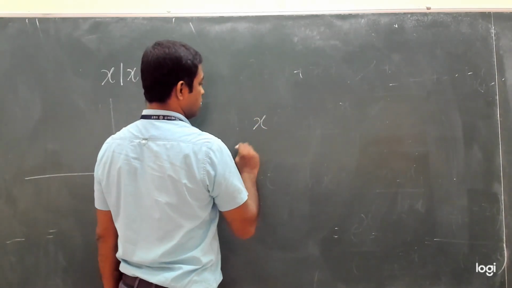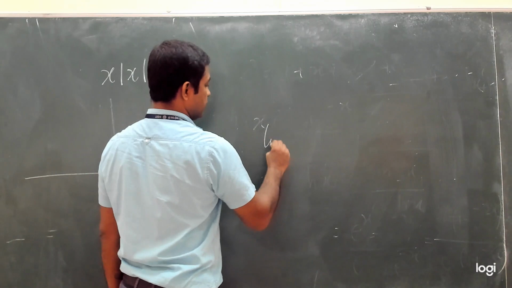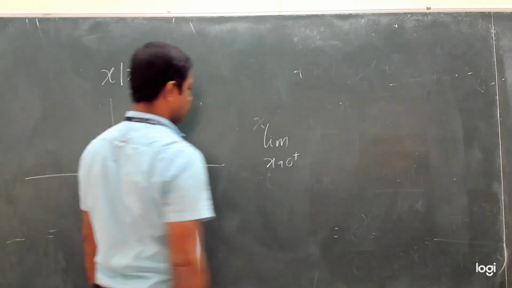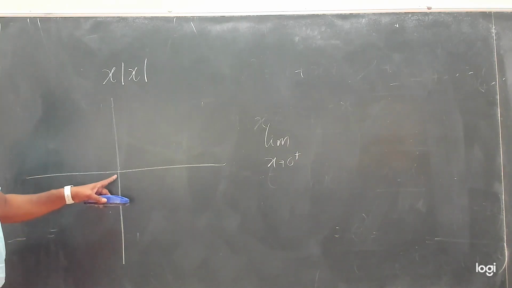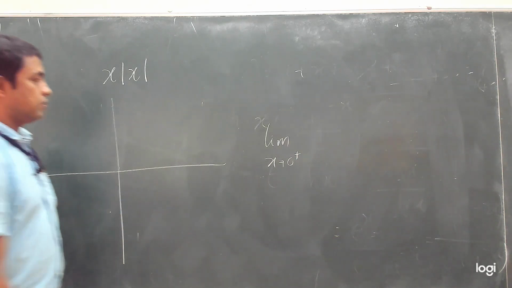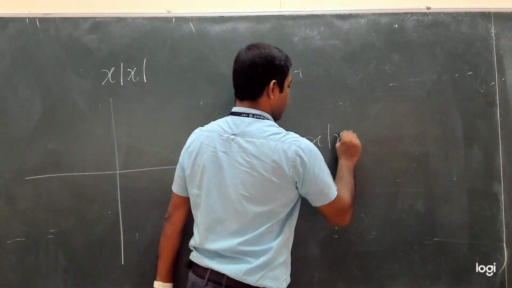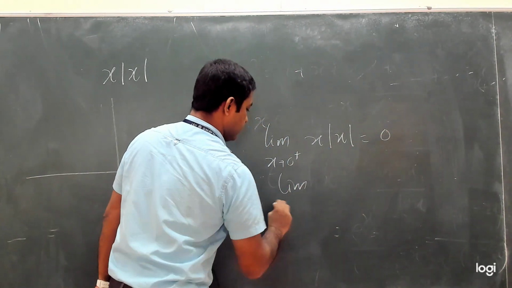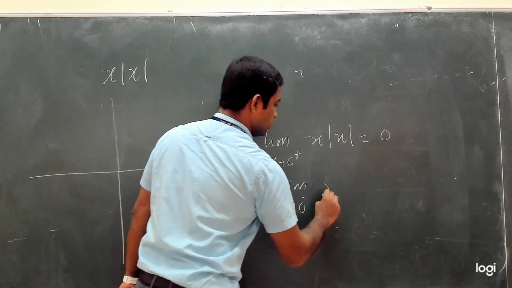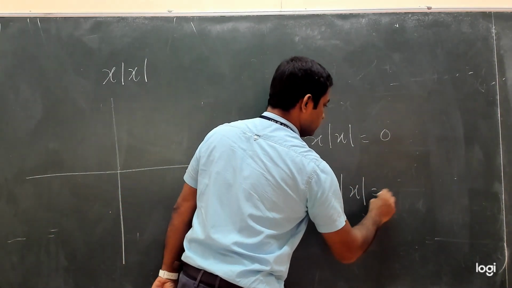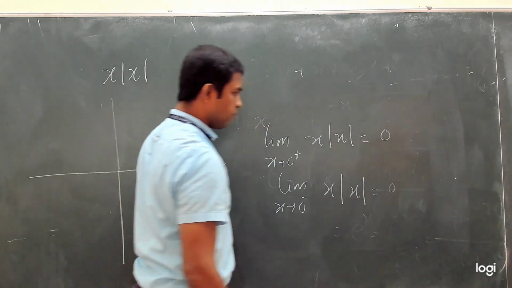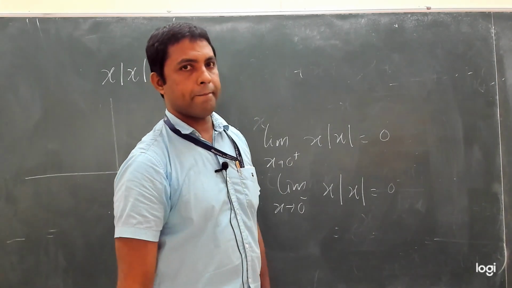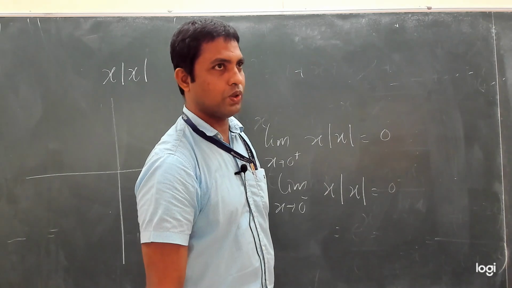Okay, limit x tends to 0 plus, what will happen? 0. What about limit x tends to 0 minus? Again 0. Is there a maximum or minima at x is equal to 0? No, sir.